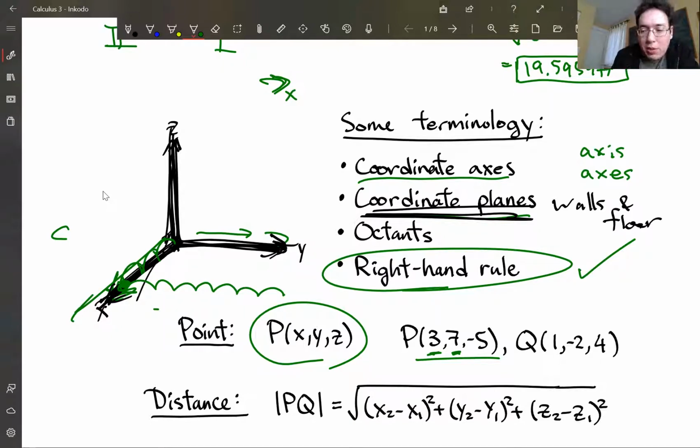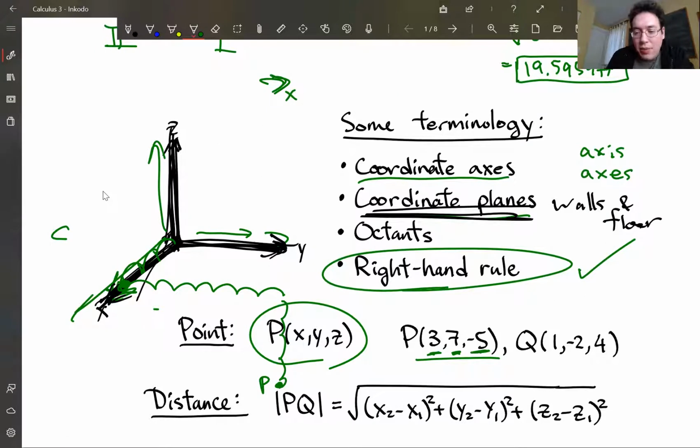And then I'm going to go -5, so I'm going to go in the opposite direction of the z-axis. I'm going to go downward, down through the floor, 5 units: 1, 2, 3, 4, 5. And that's going to be your point P. I hope you are able to imagine that.